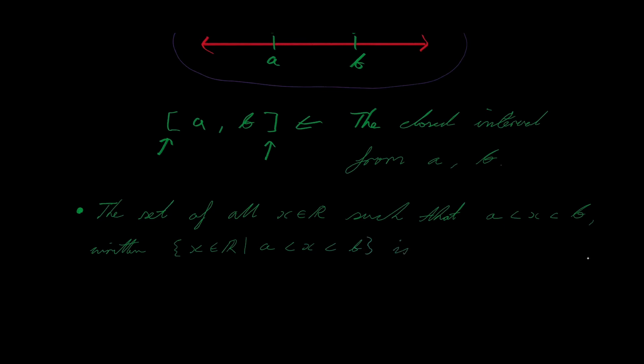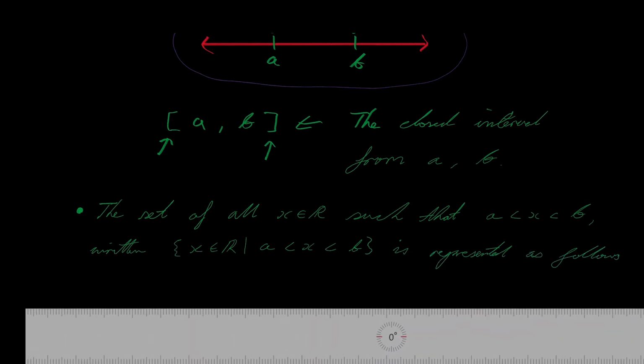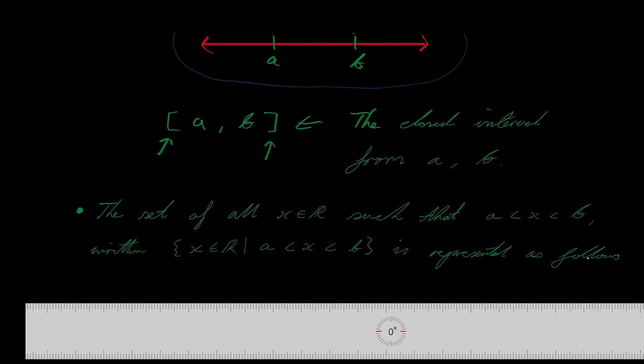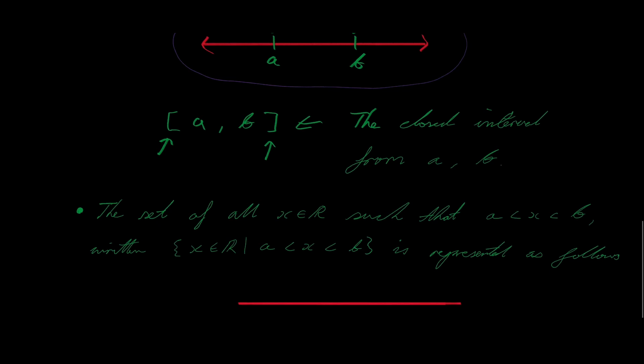Excuse me, it is represented as follows. Graphically, I mean. So here would be our real number line. And being ordered, we can put one towards the smaller end of the real numbers and one towards the larger end, so left and right.